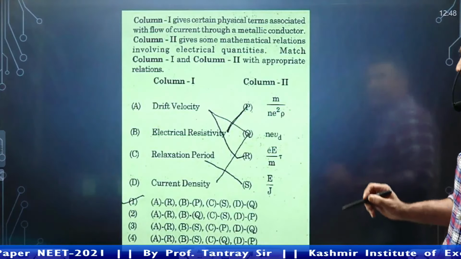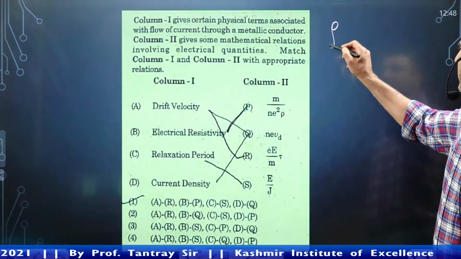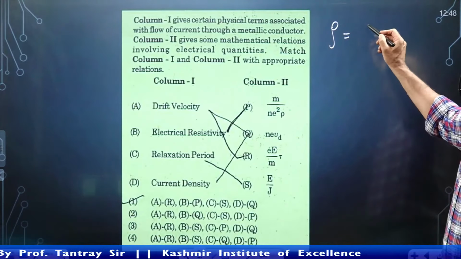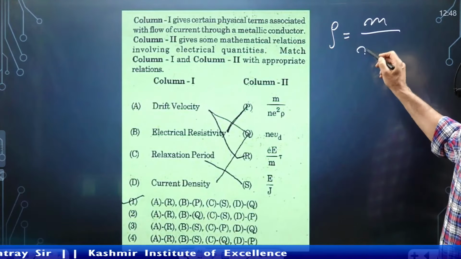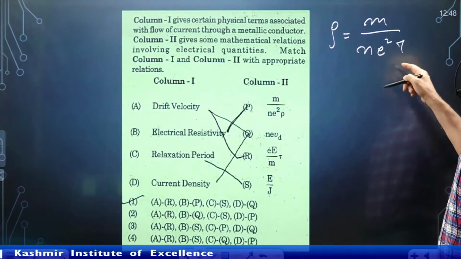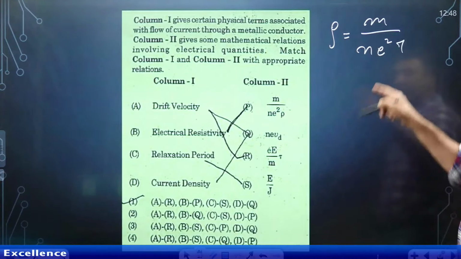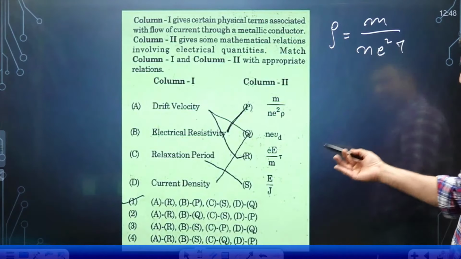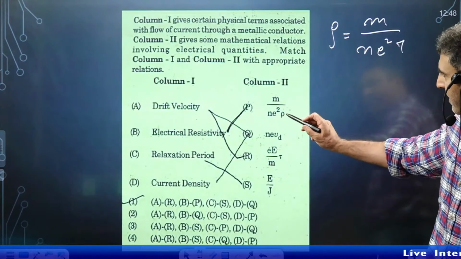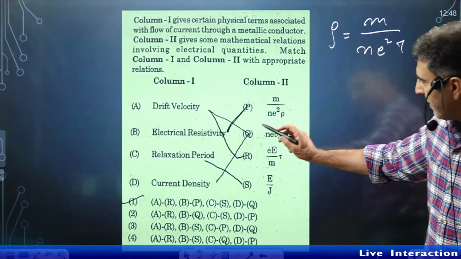The base equation is, suppose, resistivity. The equation for resistivity is m divided by n e square tau. Tau is the relaxation time, m is the mass of the electron, n is the number density of electrons, e is the electronic charge. So from here you can just compare. Resistivity is m by n e square tau.